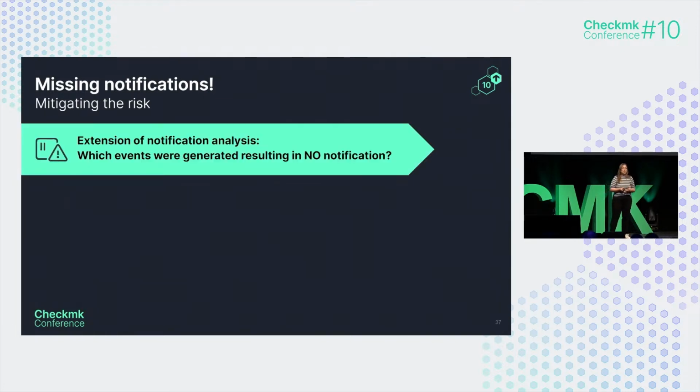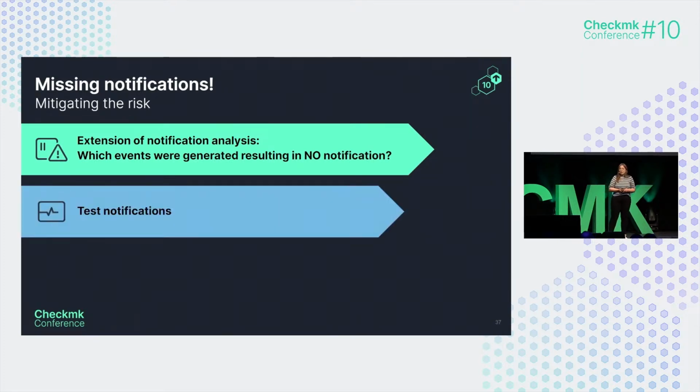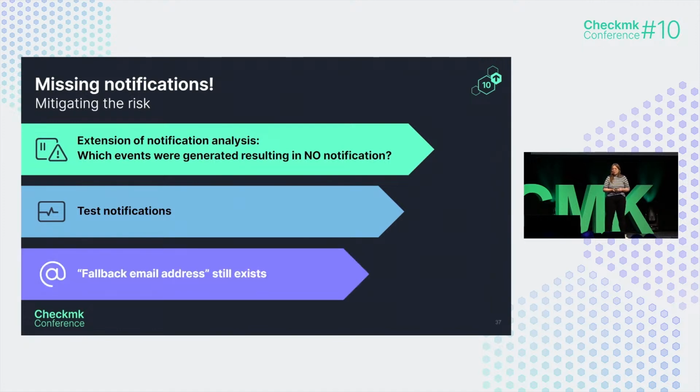The first would be an extension of the notification analysis to tell you which events were generated and resulted in no notifications. Then the test notifications can also help uncover the gaps in your notification coverage, so we could extend that as well. And last but not least, a lot of you know about this feature, the fallback email address.